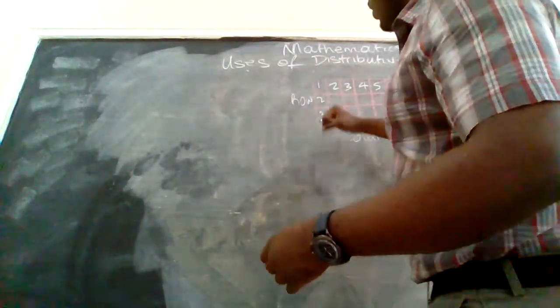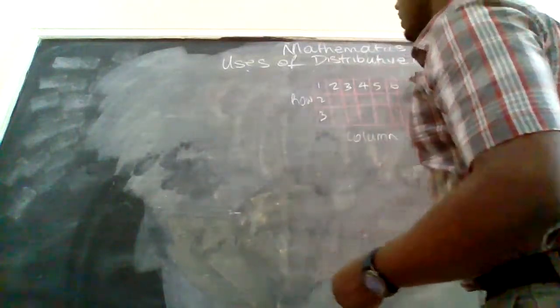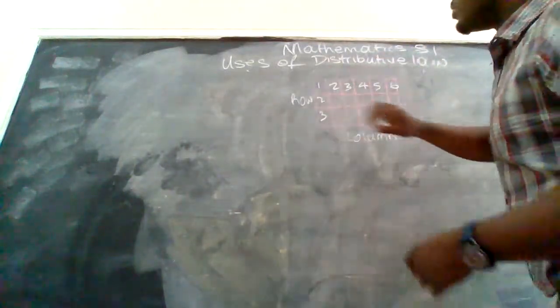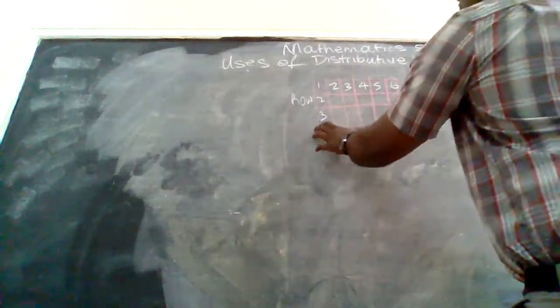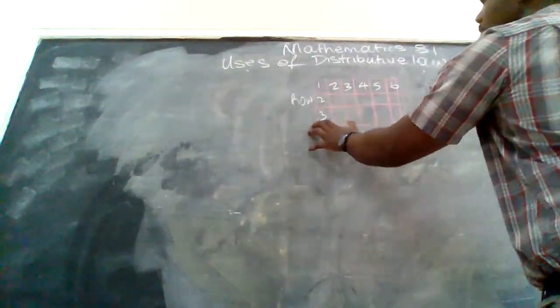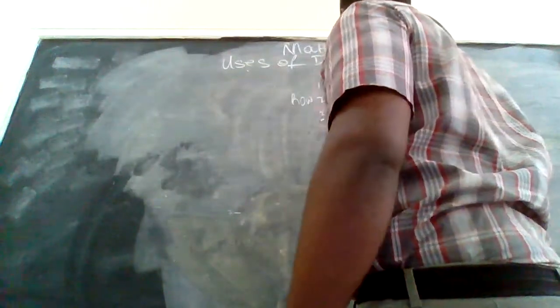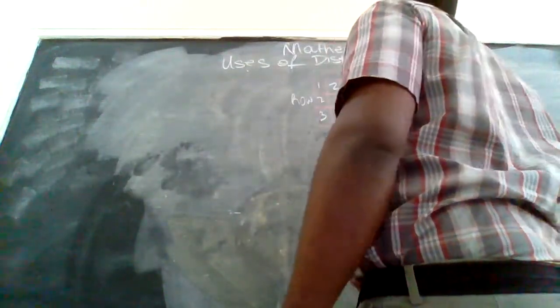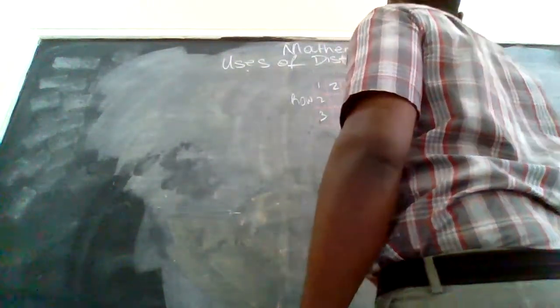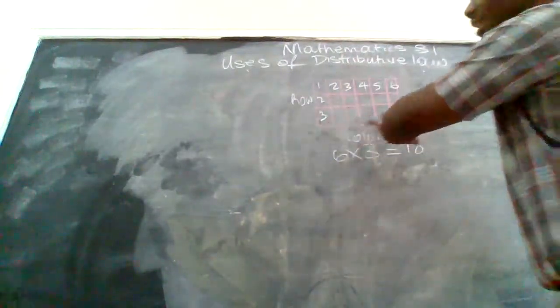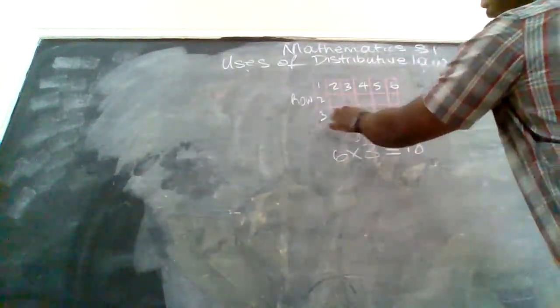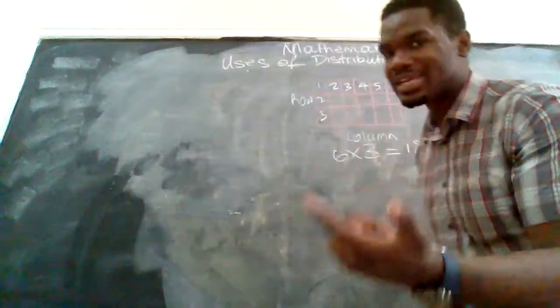Given that I know how many rows and columns there are, I can use the distributive law, which says multiply throughout. So 6 times 3 gives me 18. Without even having to add these, I know there's a total of 18.